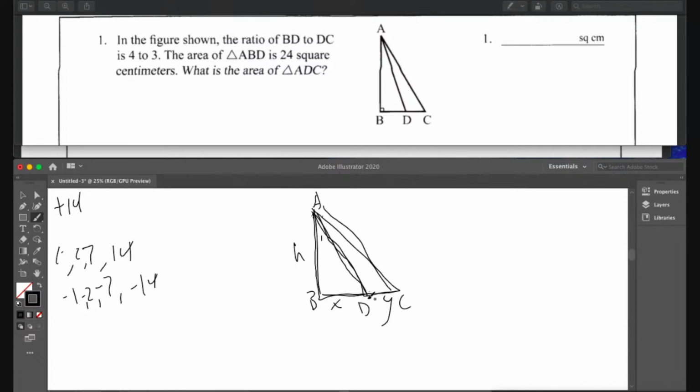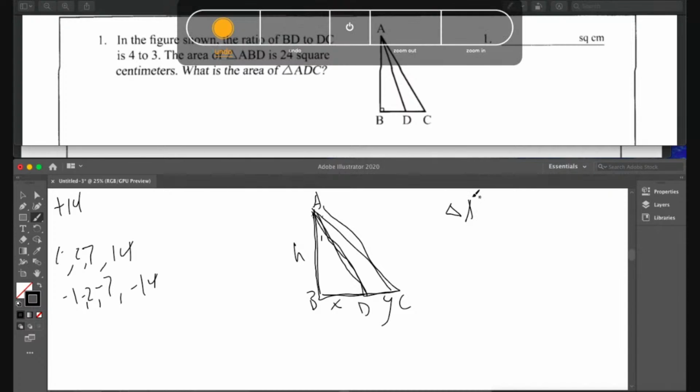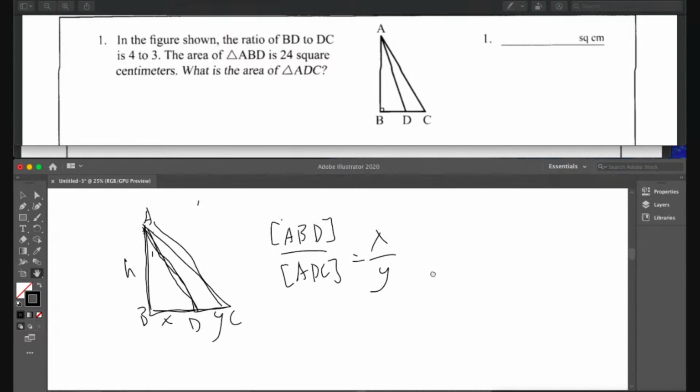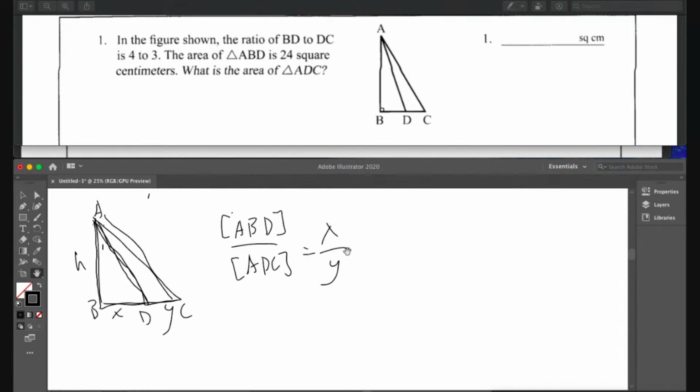So then you can see that the ratio of the area of ABD to ADC will be the ratio of x to y. And with this, it says that the ratio of x to y is 4 to 3.